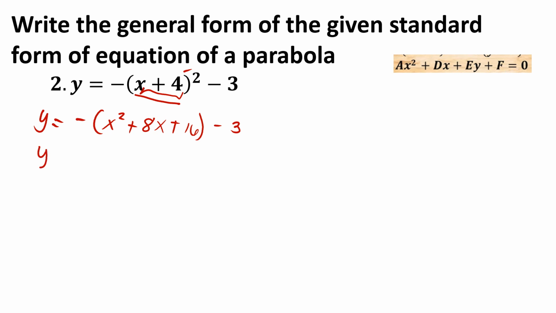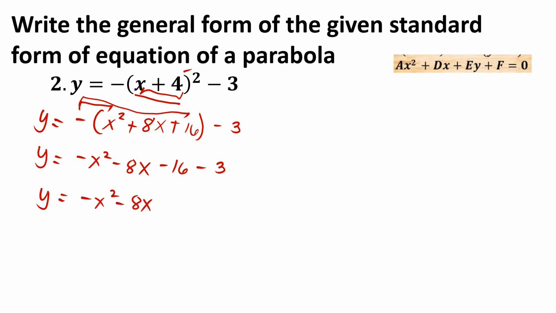Next we distribute the negative: negative x squared minus 8x, minus 16 minus 3. To simplify further, we gather the constants: negative 16 minus 3 gives negative 19.